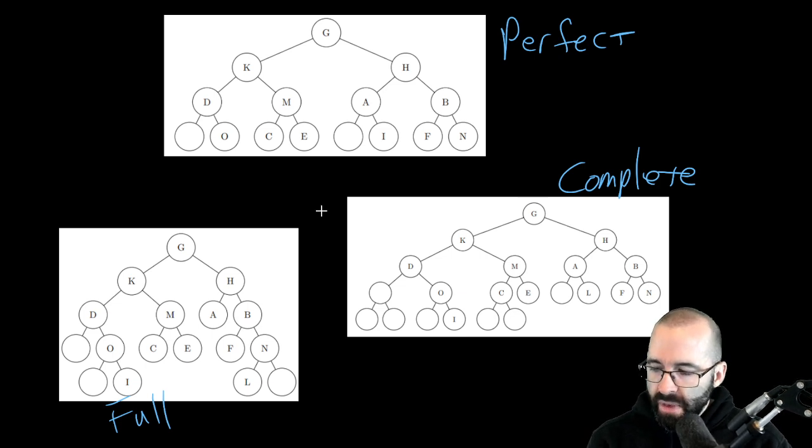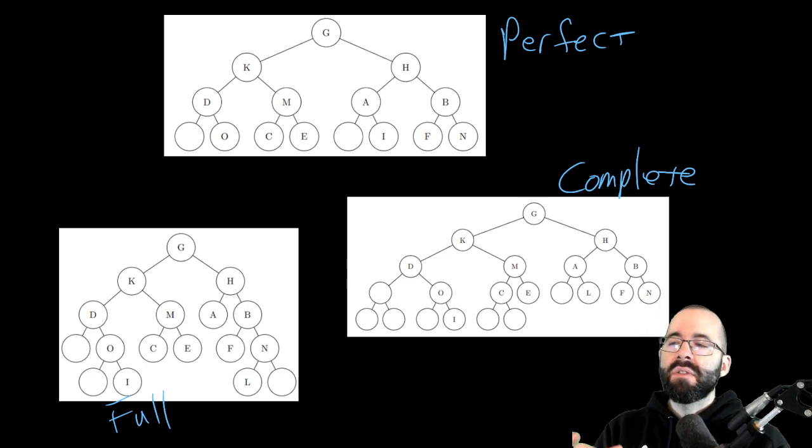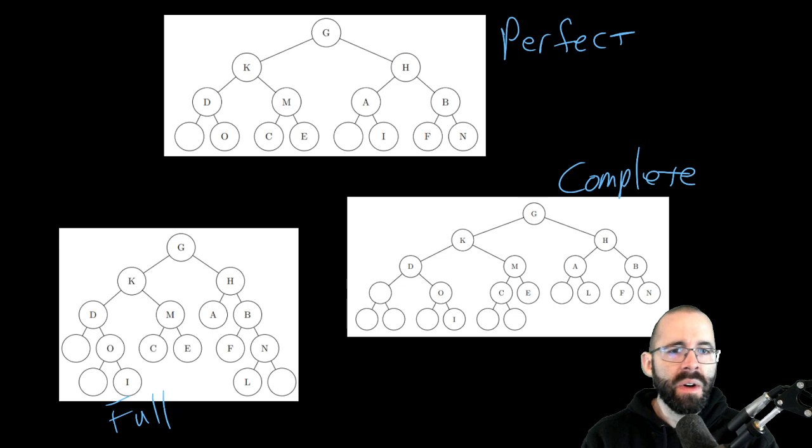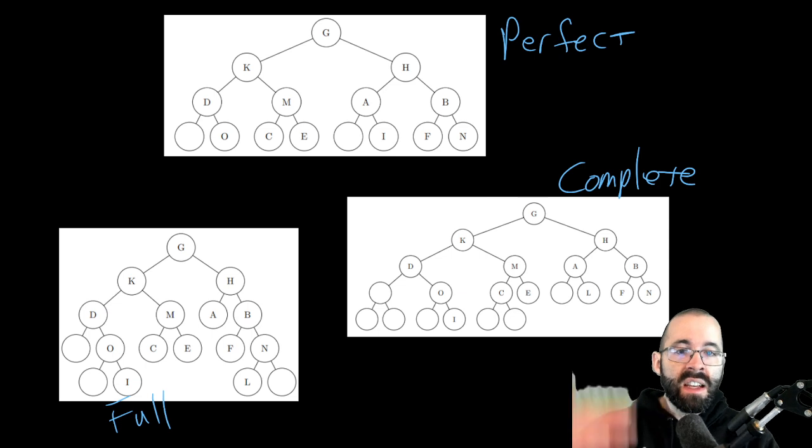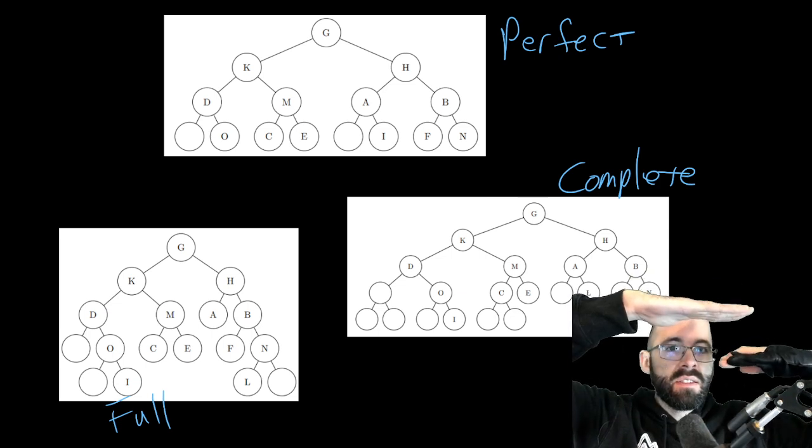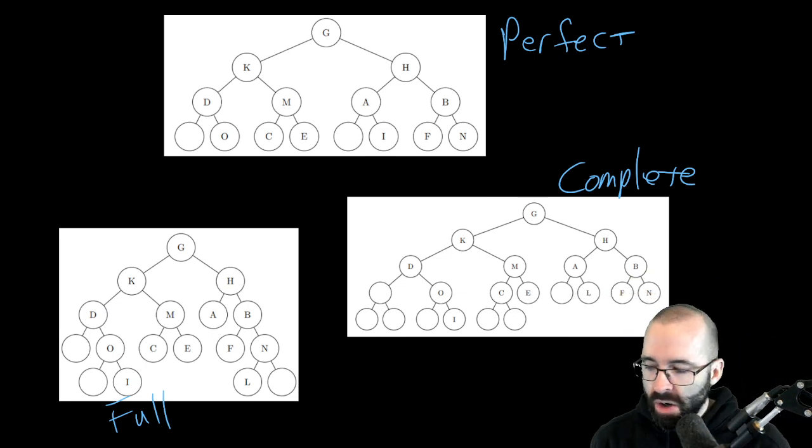So these are going to be nice, and essentially they all have to do with the filled-in compactness, if you will, or density of these trees. Because what's going to come into play, especially with binary search trees, is that the shorter the tree is, the nicer it's going to be to work with.